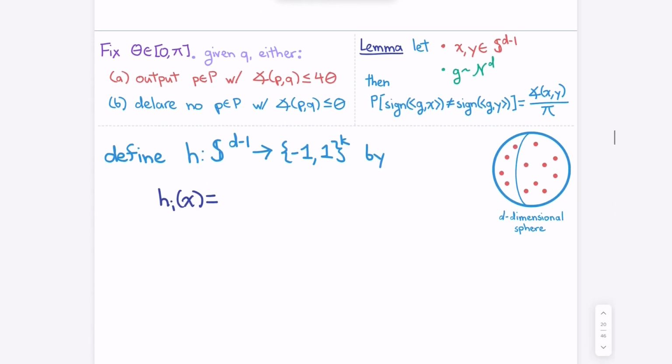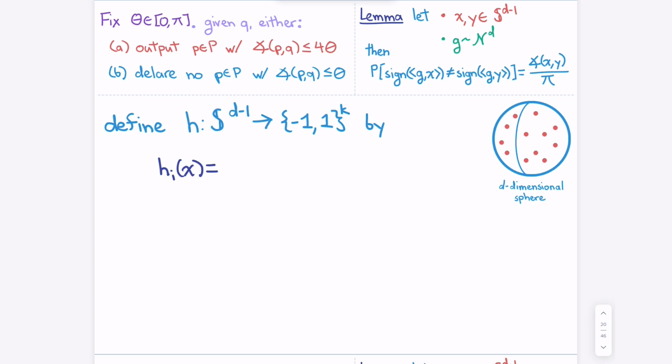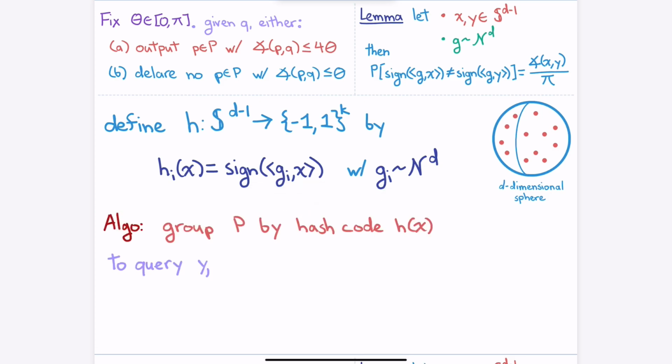Okay, so that will be our algorithm. We'll do it k times, or some k that we'll decide is appropriate. We'll figure out the best choice. So the algorithm is, we make one of these hash codes, which is doing k of these random splits, and then I'm going to group the point set by hash code.